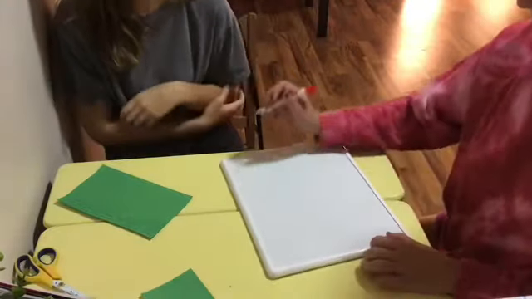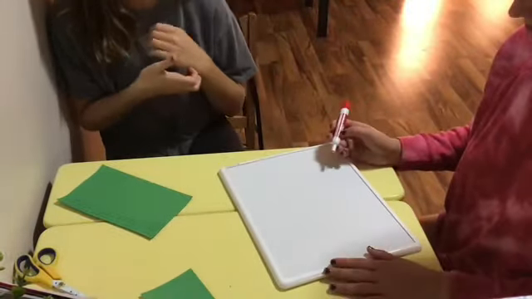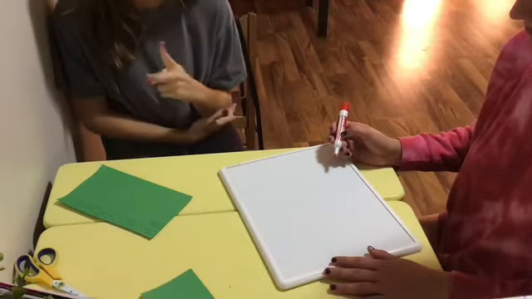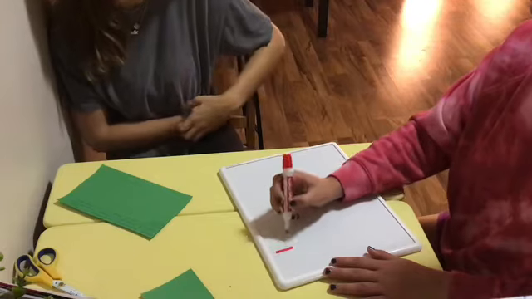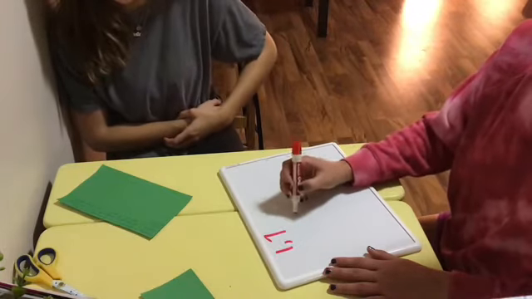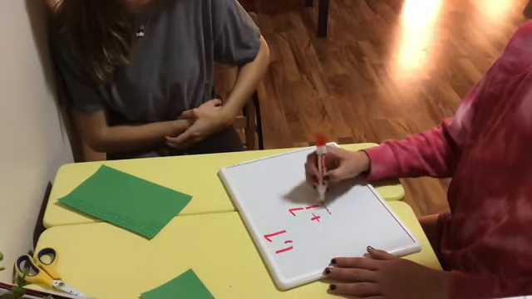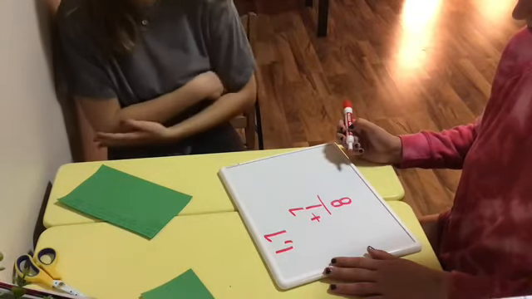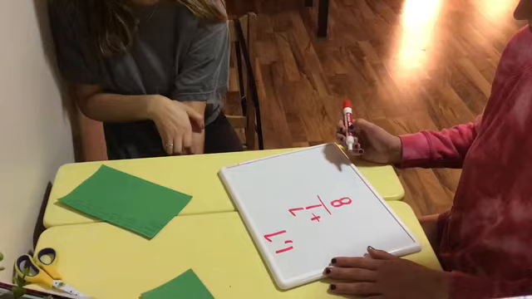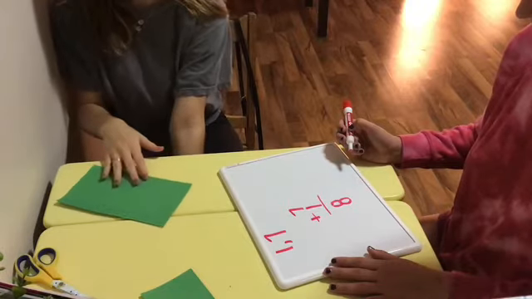And let's try one more. Sarah thought of a number. She took away 1 from the number and was left with 7. What number did she start with? Good job. She started with 8. Awesome job. I think you really got what working backwards is.